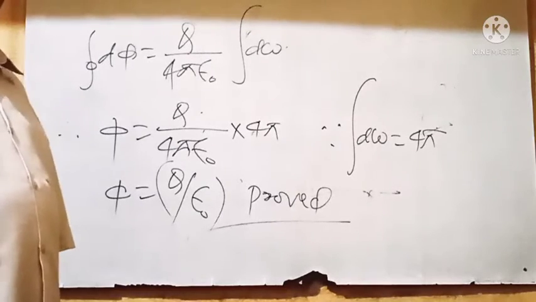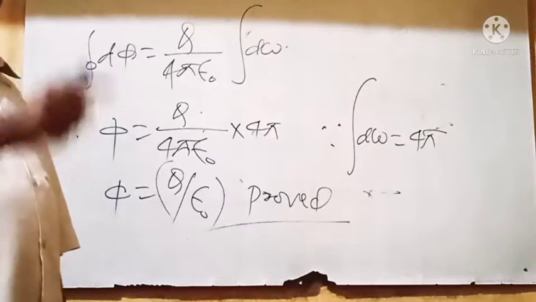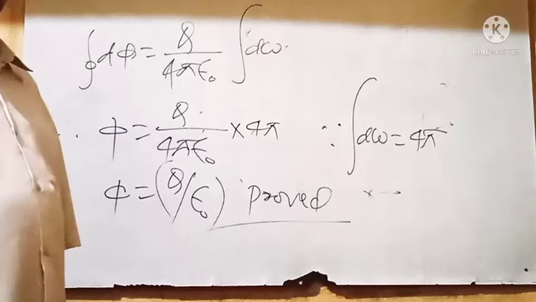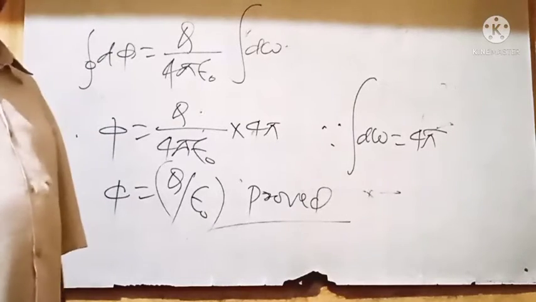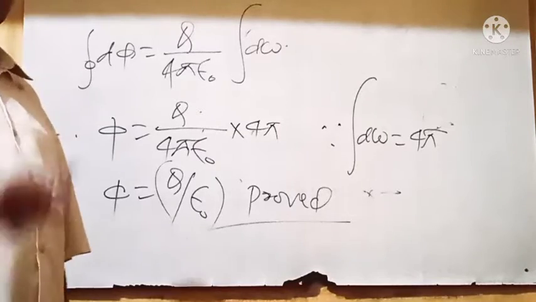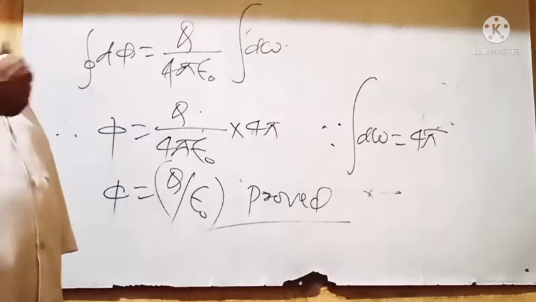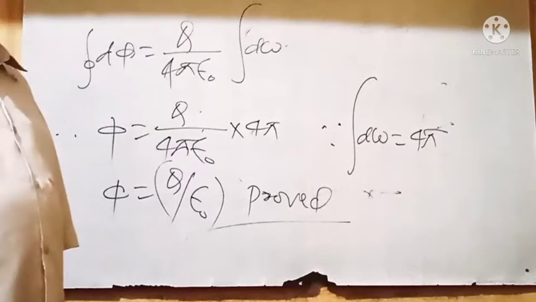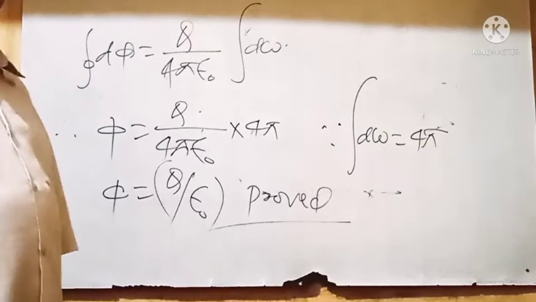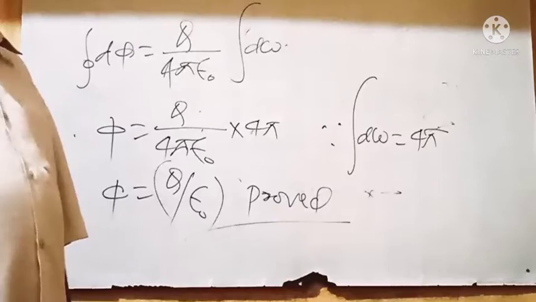If the electric flux entering in a closed surface is taken negative, then the electric flux going outward of that closed surface is taken positive.